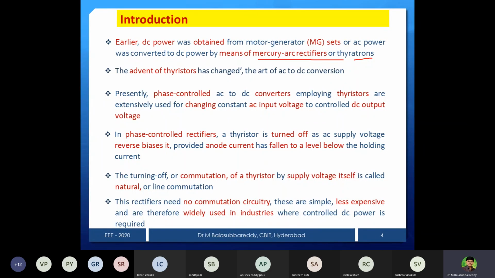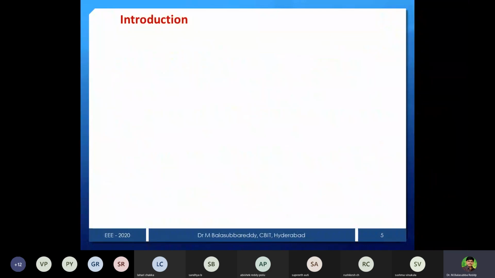Whereas in the phase control rectifier, we don't require any commutation circuit. That is the reason. Also, if the available source is an AC supply, you can connect it to the rectifiers. Whenever the input is DC, you can connect it to the choppers.